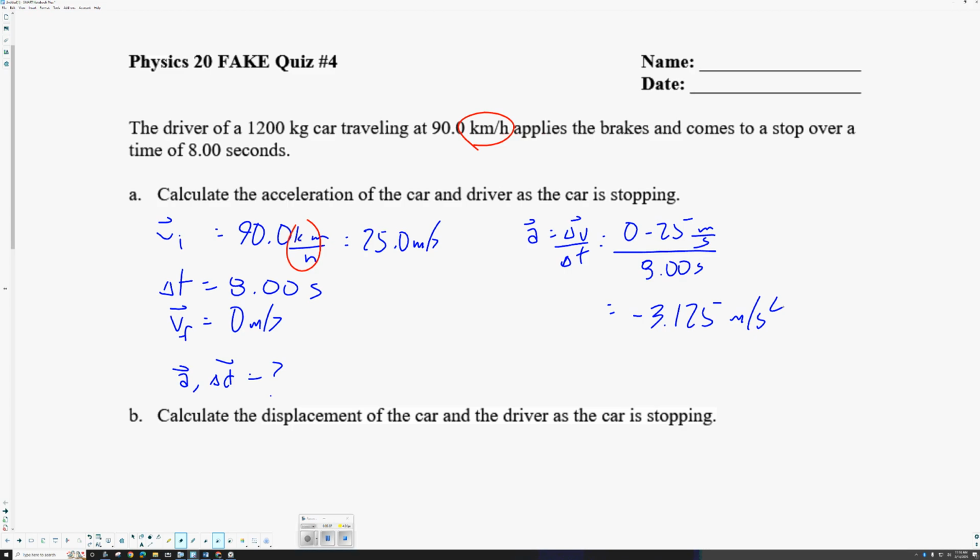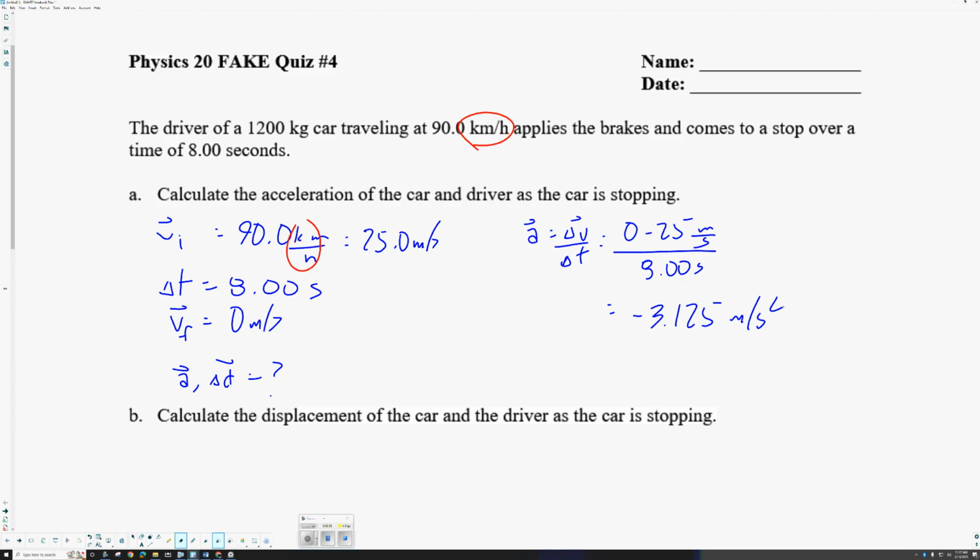If I'm solving for a vector quantity, and vectors are a math thing as well as a physics thing, then the vector quantity that I solve for should be consistent with the real world. If it's slowing down, then we should get a negative. It's not a coincidence. The math always gives me what the real world should be. So this is negative 3.125 because it's slowing down.